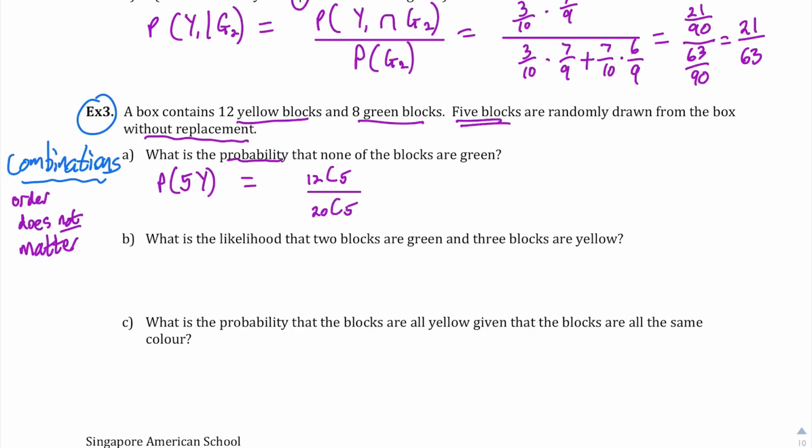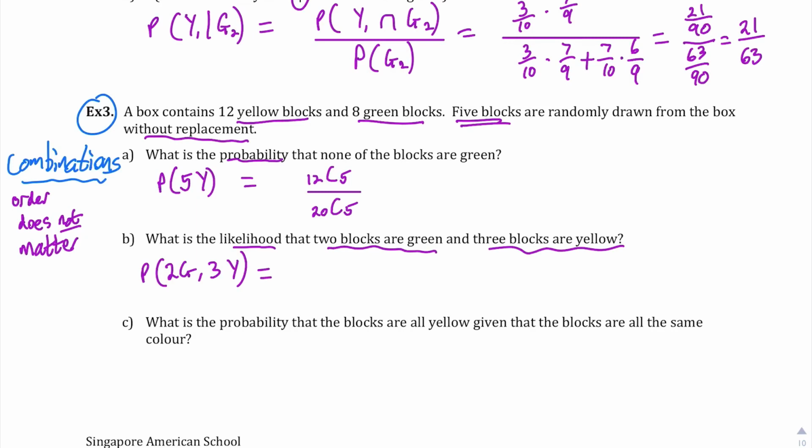All right, part B, example 3b, what's the likelihood, which is essentially another way of saying what's the probability, that 2 of the blocks are green, 3 of the blocks are yellow, and again the order in which that happens does not matter. So we're looking for the probability of 2 green and 3 yellow.